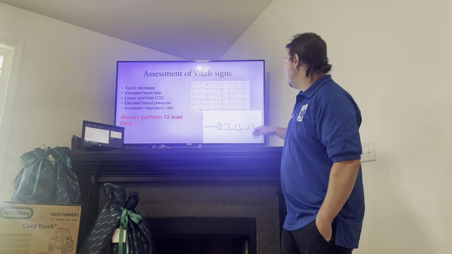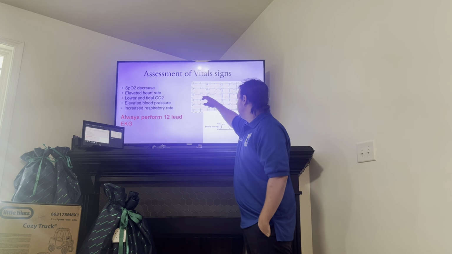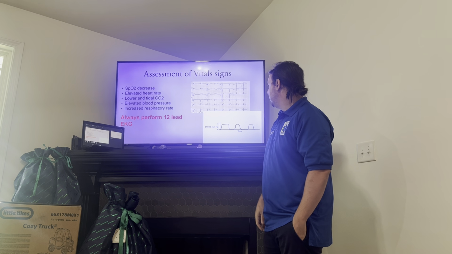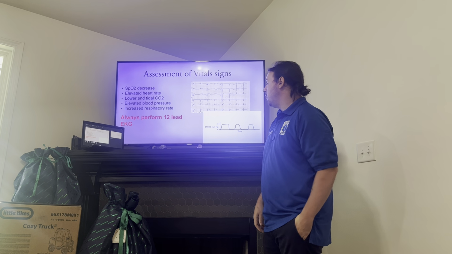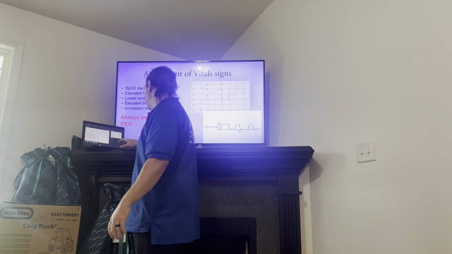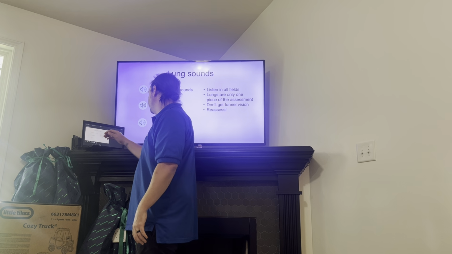And we want to rule out that we're not finding any of this, right? So we see II, III, aVF, it looks like we've got some inferior elevation. That would be an MI. We don't want to miss any other signs and symptoms. So always perform a 12-lead EKG with these patients.